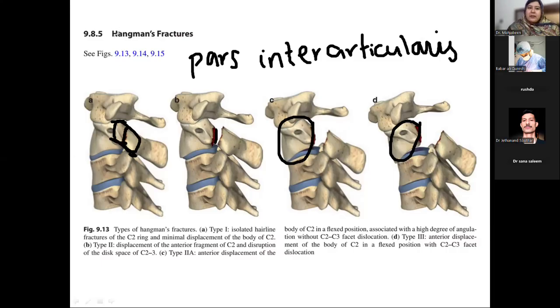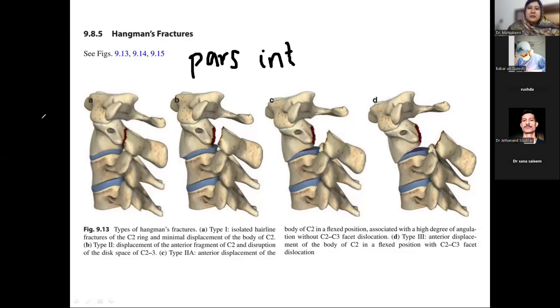So hangman fracture is a combination of two things. Number one, there is a fracture of pars interarticularis. Number two, there is C2 C3 subluxation. So the two things combine to form the hangman fracture. We'll see in the subsequent images how it appears.